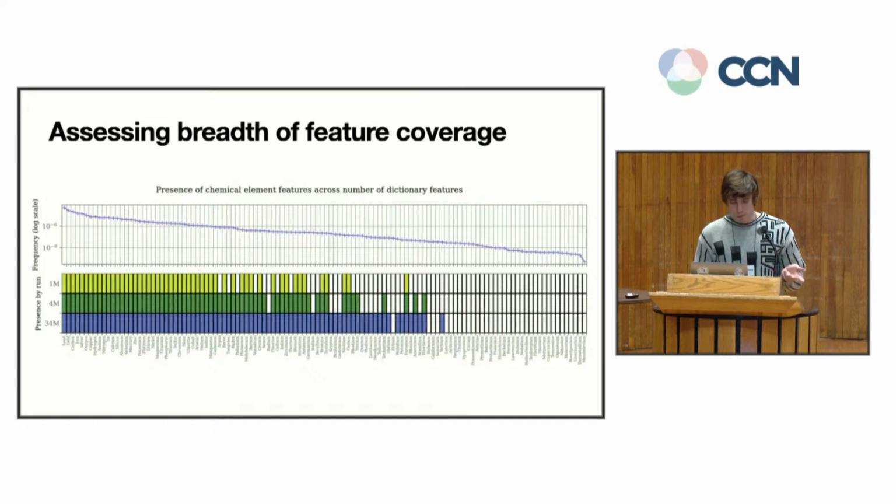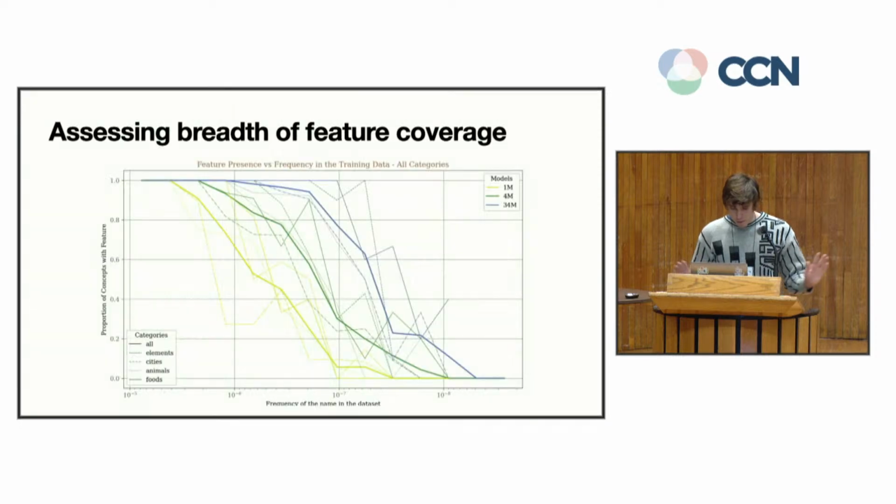Broadly speaking, what you find is that autoencoders infer features corresponding to more common elements first, but as the autoencoder gets bigger, it finds more and more, and the coverage gets more comprehensive. We repeated this exercise across a whole bunch of different categories of things, like lists of cities, lists of animals, lists of foods, and you get the same story each time.